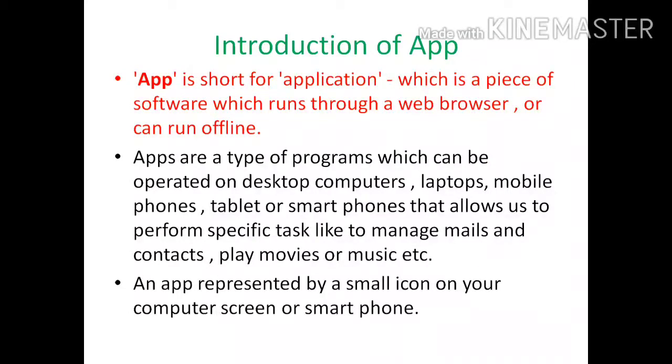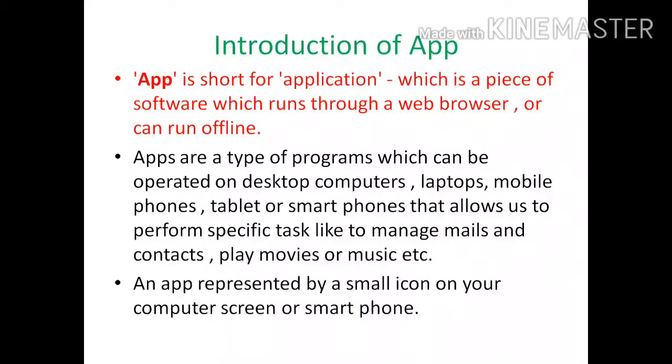Now see, app is short for application, which is a piece of software which runs through a web browser or can run offline. That means an app which is installed in your system can be run with or without an internet connection.